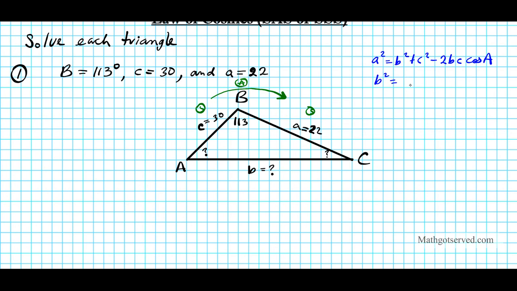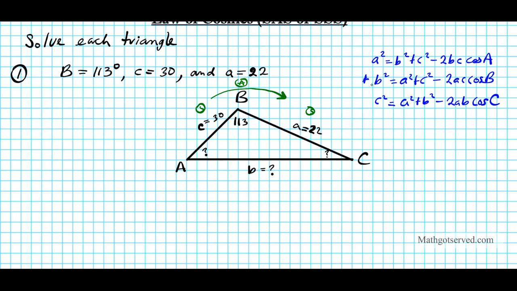You also have b squared equals a squared plus c squared minus 2ac cosine B. And then you have c squared equals a squared plus b squared minus 2ab cosine C. All right? So which of these are we going to select for this problem? The one that has angle B, between C and A, and that is the second one right here.